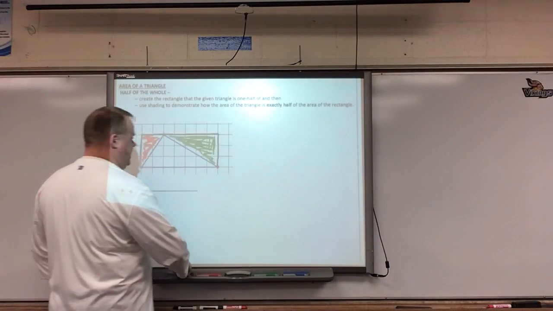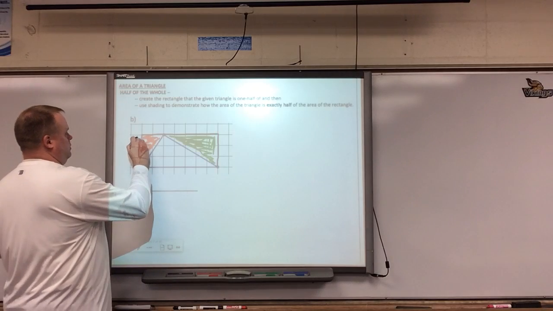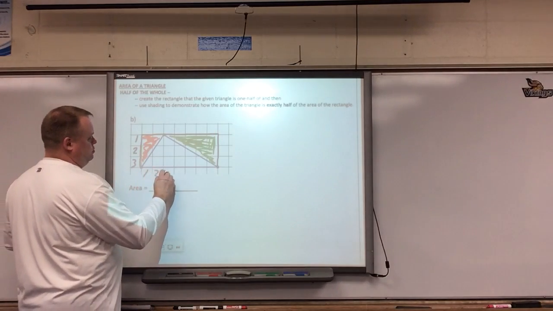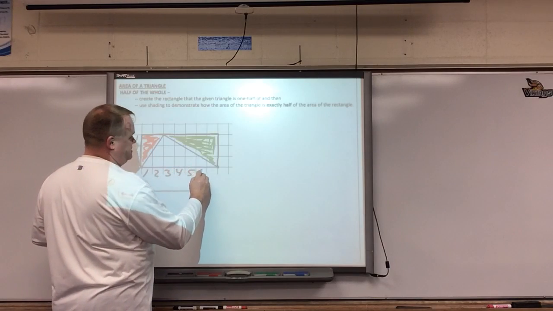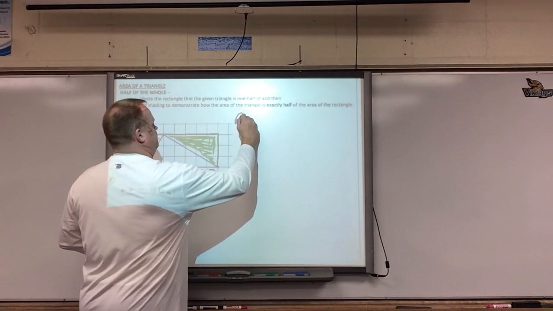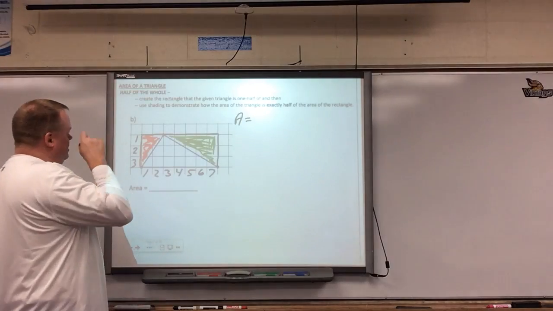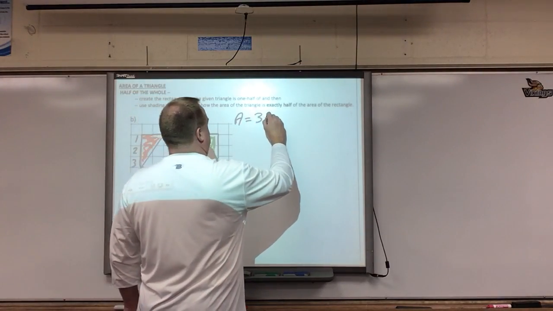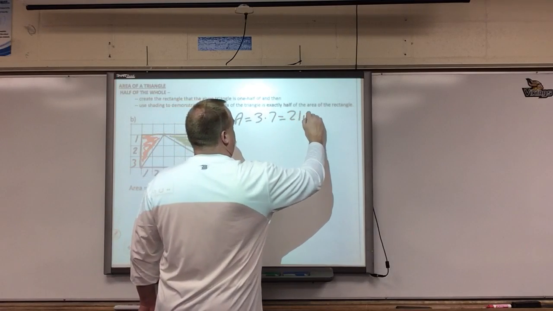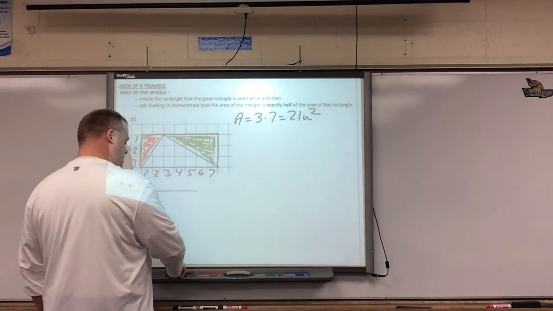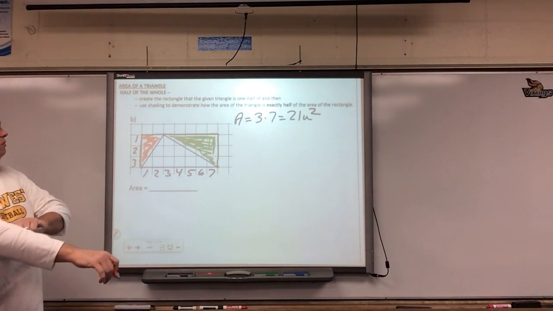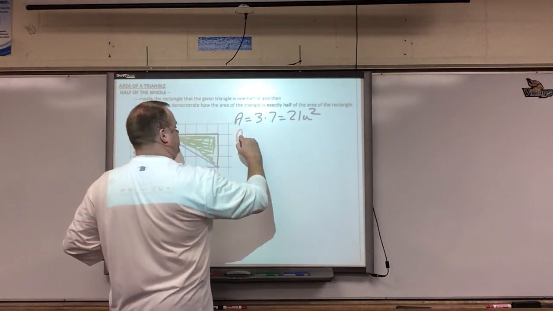So let's find the area of the whole thing. Well, 1, 2, 3, down, 1, 2, 3, 4, 5, 6, 7 across. So area of the whole parallelogram / rectangle is 3 times 7, or 21 units squared. All right. Let's find the area of our red shaded triangle.